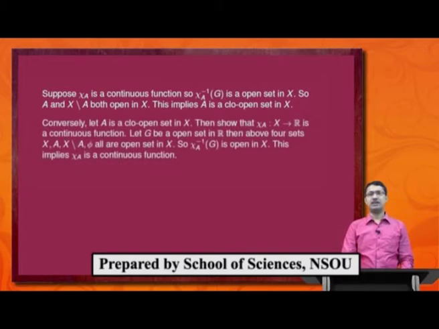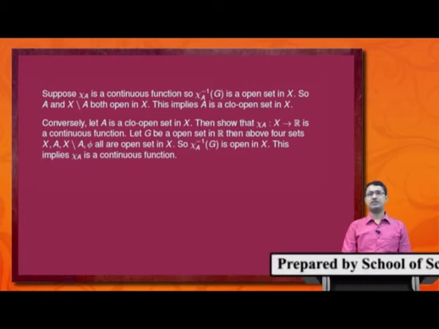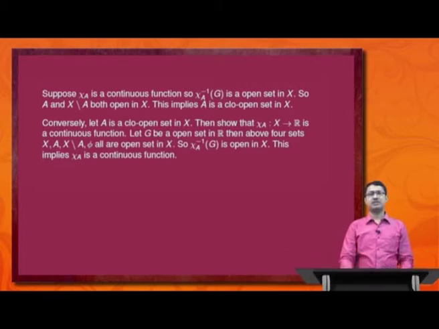Conversely, let A be a clopen set in X. Then we show that chi A from X to R is a continuous function. Let G be an open set in R. Then the above four sets, that means X, A, X minus A and phi, are all open sets in X, because A is a closed set, so the complement of A is also open.